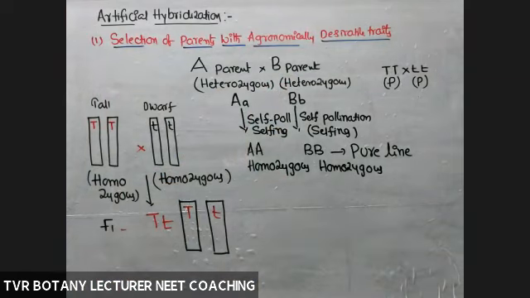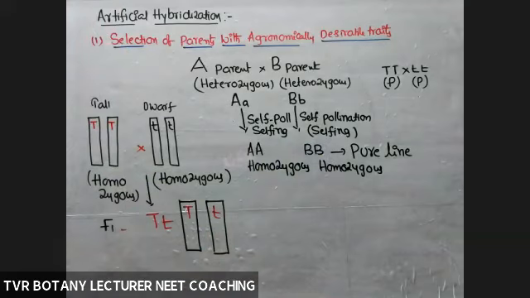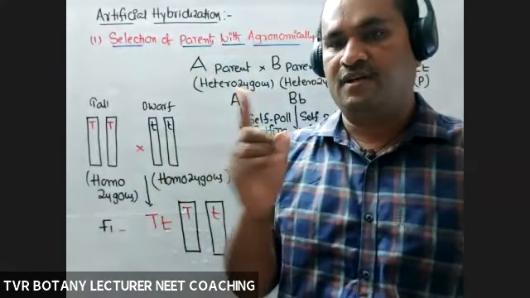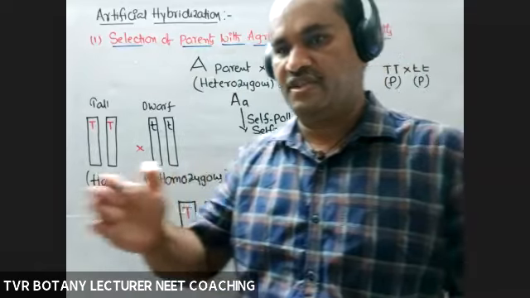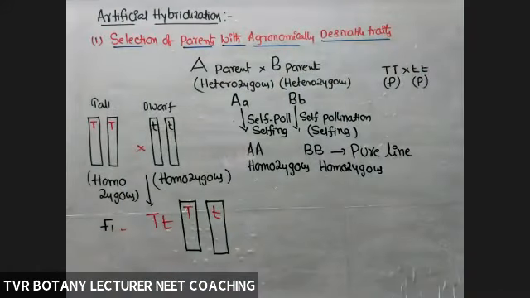So now you can understand what a pure line is. Pure line means progeny produced by a single parent by means of self-pollination. Is it clear?